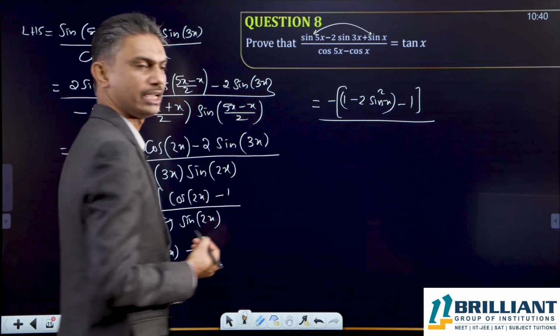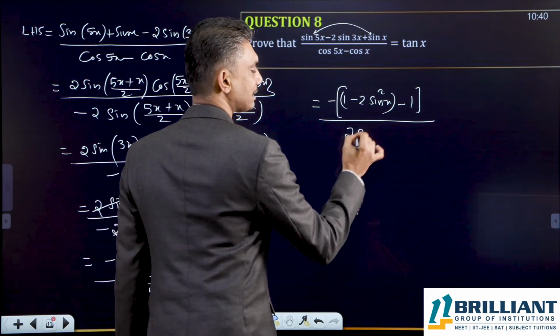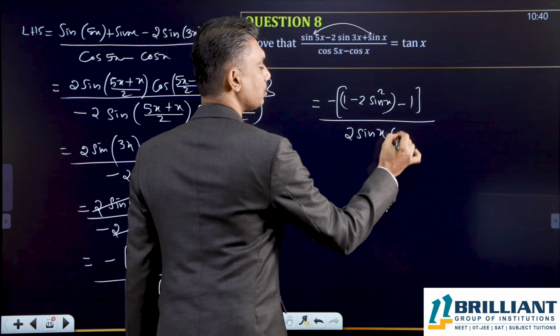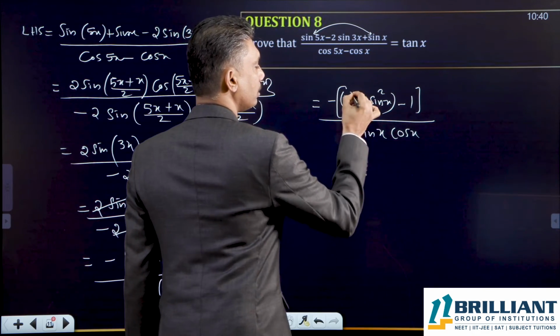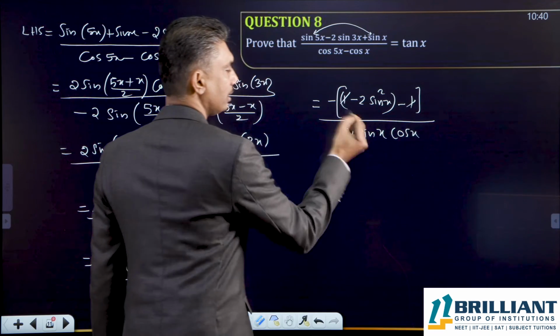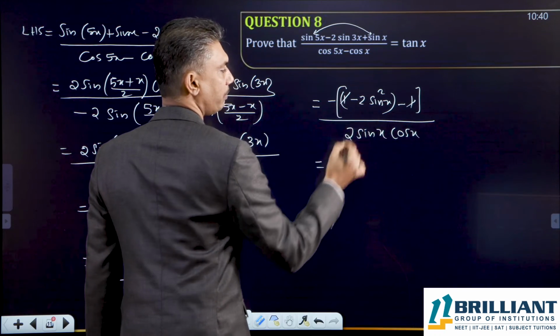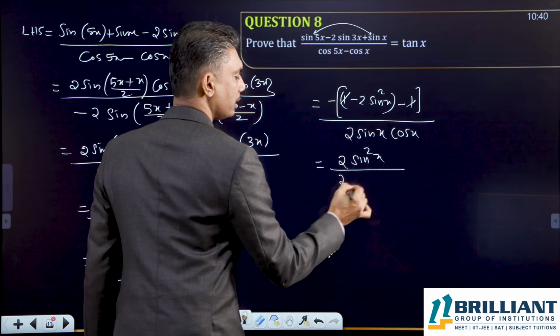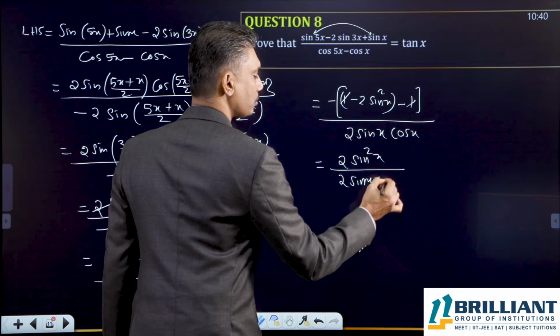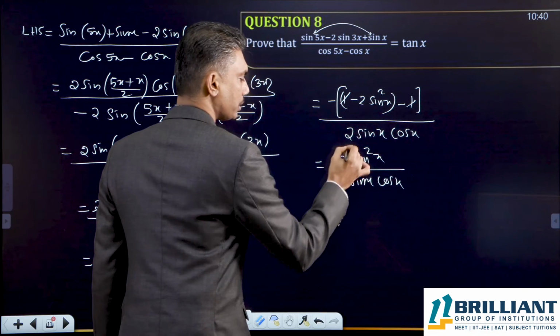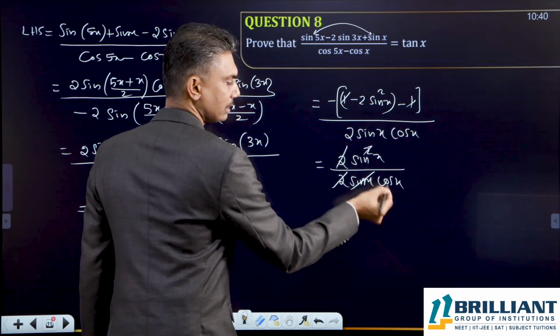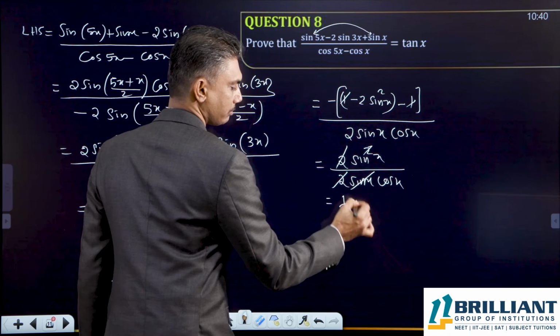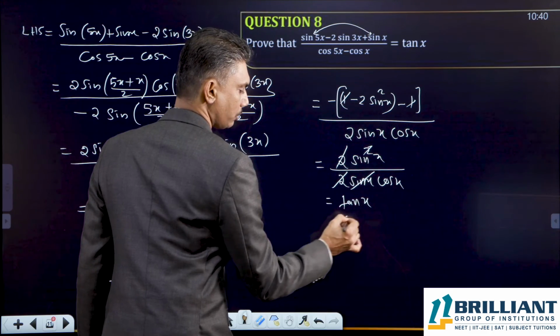What is sin 2x? 2 sin x into cos x. Now, this 1 and this 1 get cancelled, and if you open the bracket with the minus, this will become 2 sin square x by 2 sin x into cos x. 2 gets cancelled, 1 sin gets cancelled, sin by cos is tan x, equal to RHS.